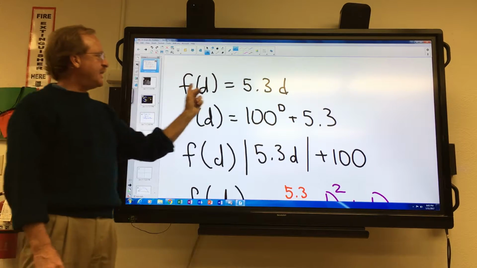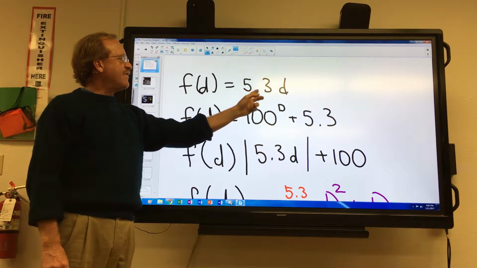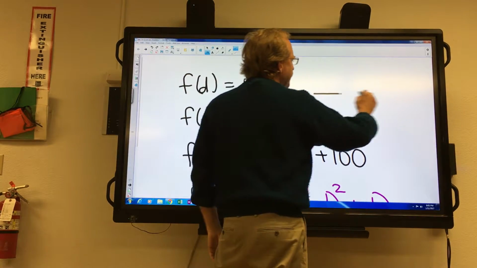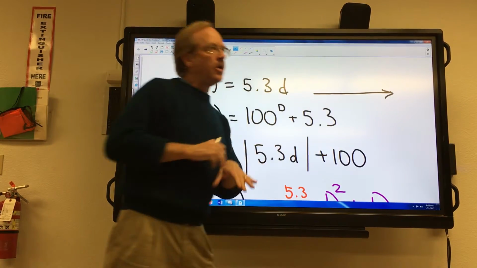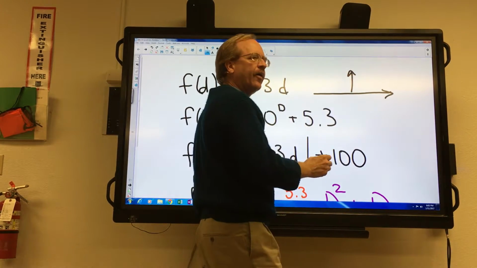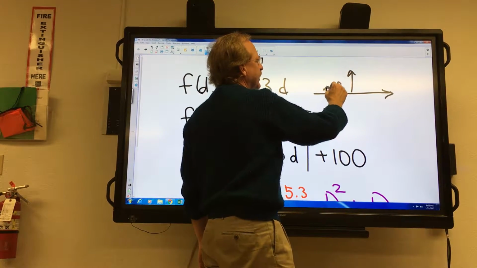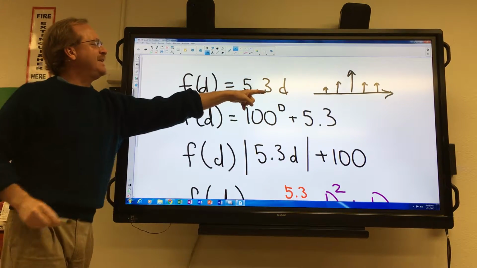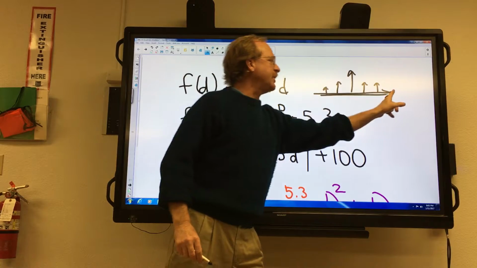Now this first one, the function of d is 5.3d. What we're calculating here is, if the ball is so far out this way, how high is the ball in the air? The d is the distance it's going this way.